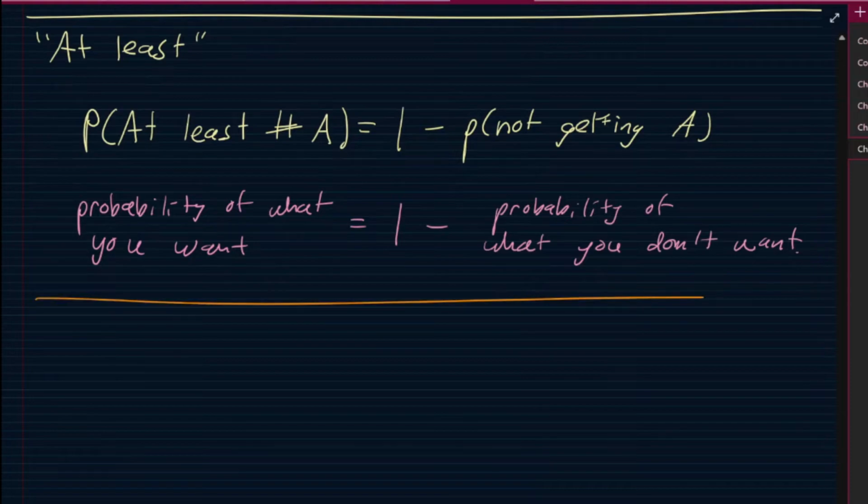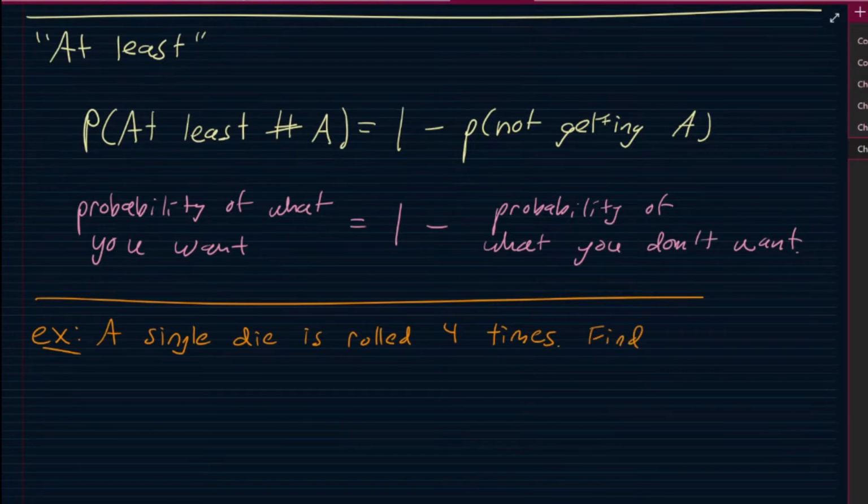So for example, a single die is rolled 4 times. Find the probability of getting at least one 6.